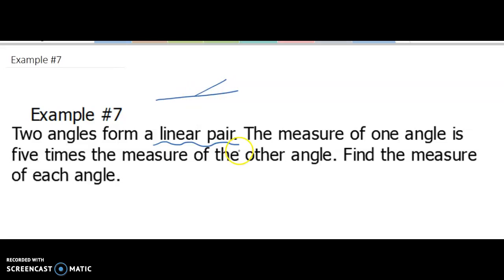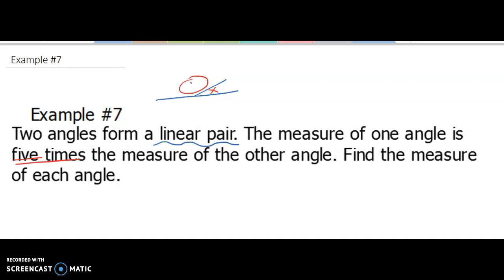The measure of one angle is 5 times the measure of the other. So if I let this angle here be x, and this other angle is 5 times the measure of this, how would we write that in algebra?